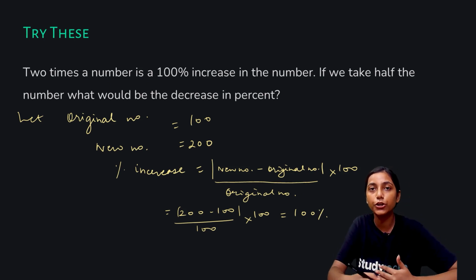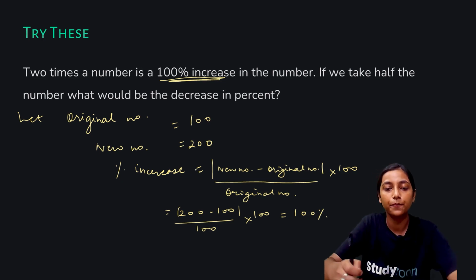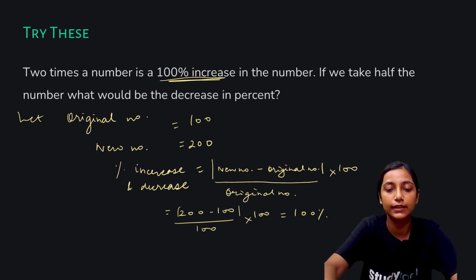I have told you how this 100% increase came by using this example, with the original number being 100. This is the formula for increase as well as decrease, both.